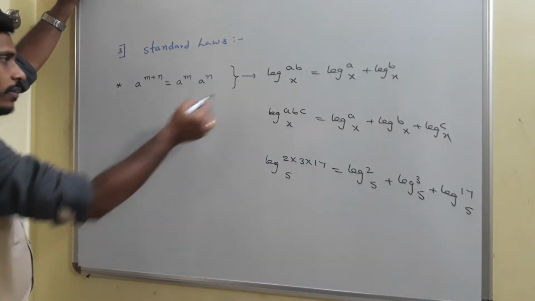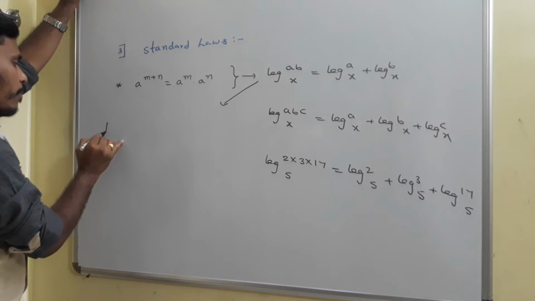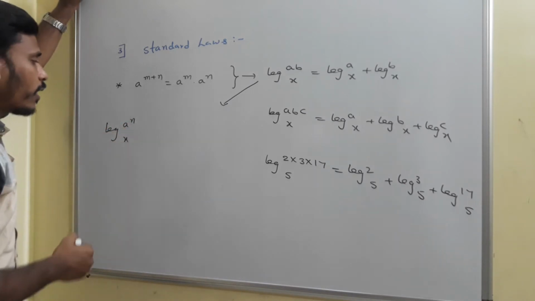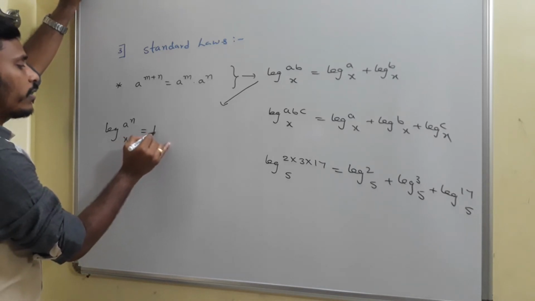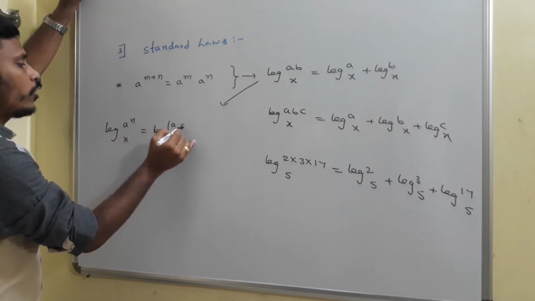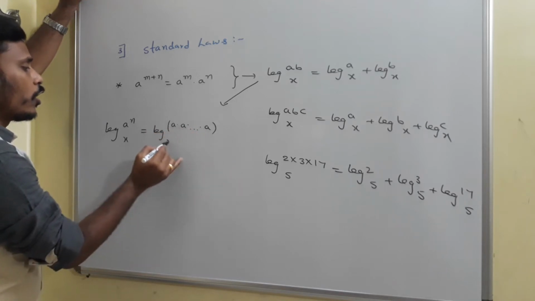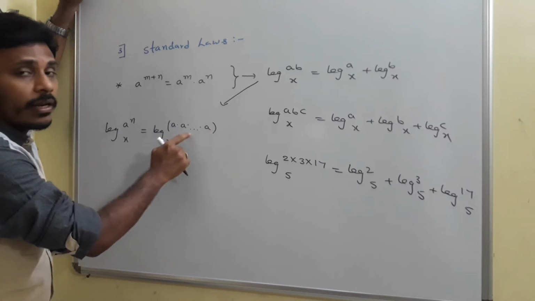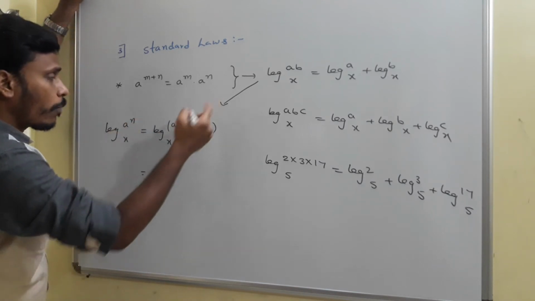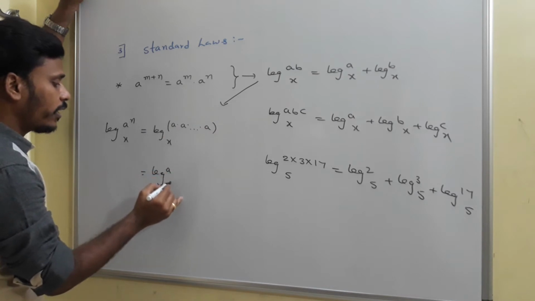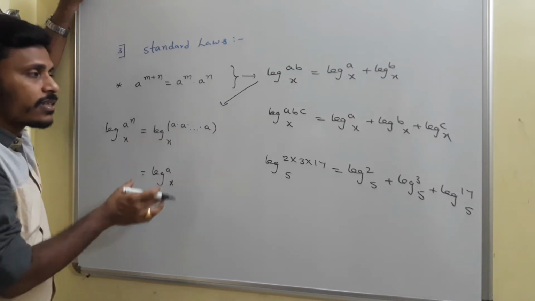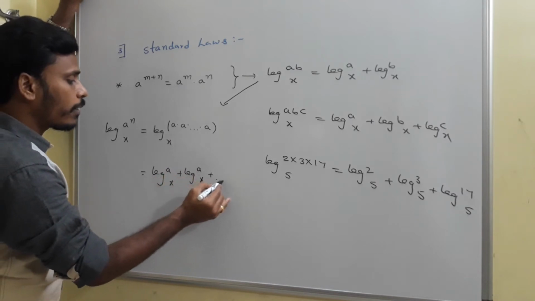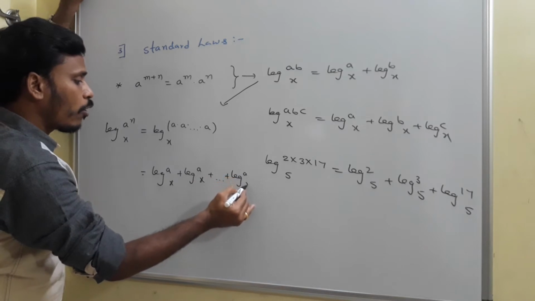And if you extend this law, for example if you have logarithm of a to the power n base x, it is simply logarithm of a into a and so on into a, to the base x. Now, how many a's are there here? n a's. If you apply that law, we can express it as a sum of logarithms: logarithm of a base x plus logarithm of a base x plus and so on plus logarithm of a base x.